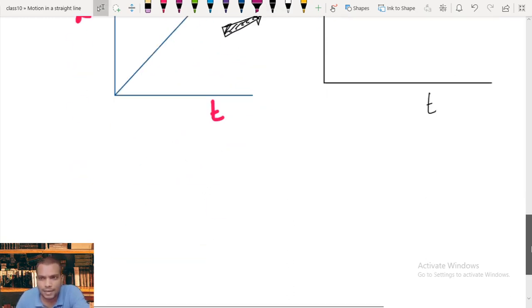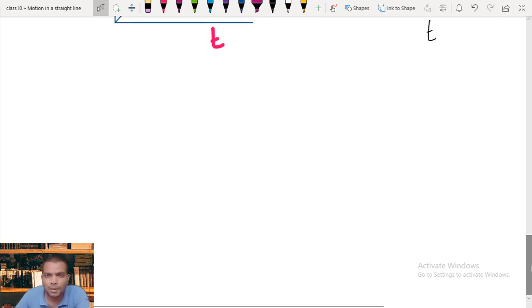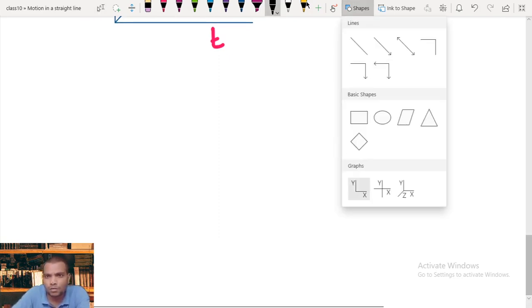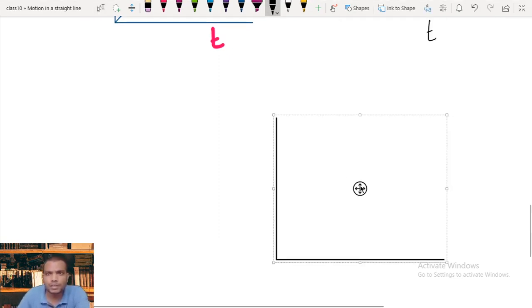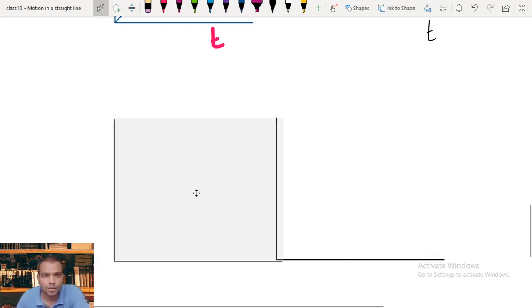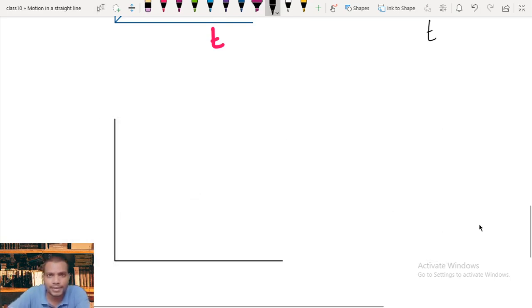For that I will come back there, but I would like to recall your mathematical knowledge. Suppose this is the coordinate axis. Let me take this as the x-axis and this as the y-axis. Now we have a straight line.